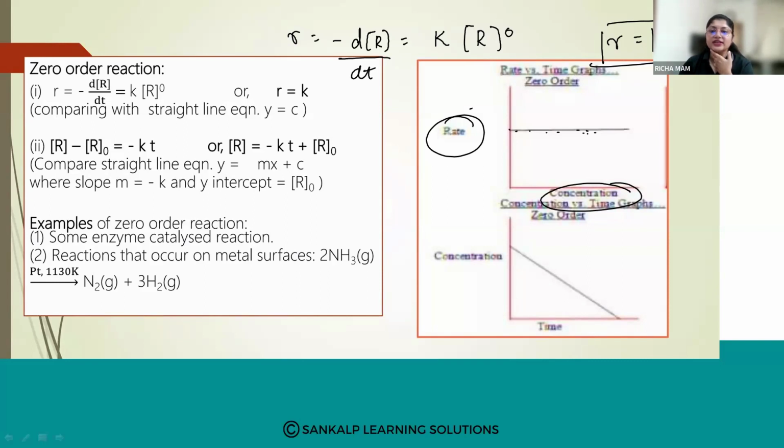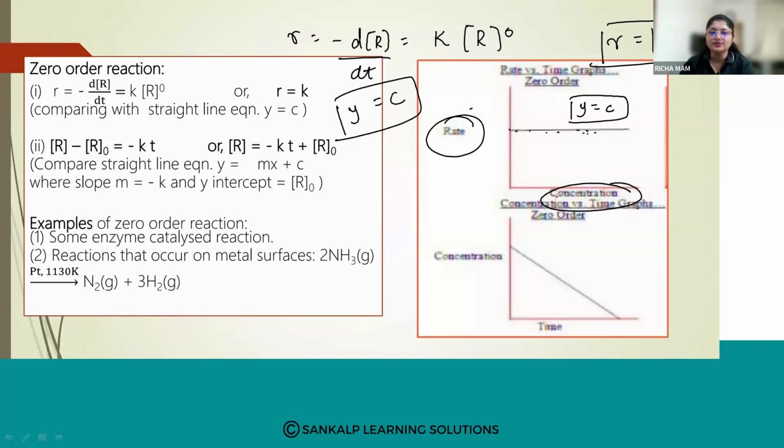So rate is directly proportional to the rate constant, right? If we compare this with the straight line equation, it is y equals c. So this graph represents y equals c, which is about your zero order reaction.